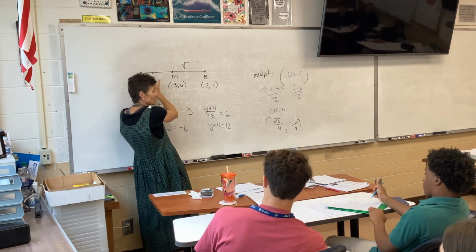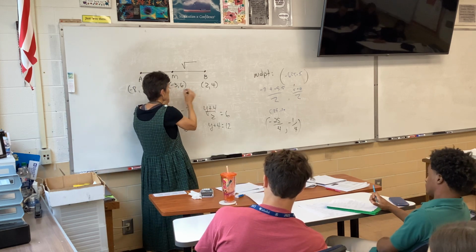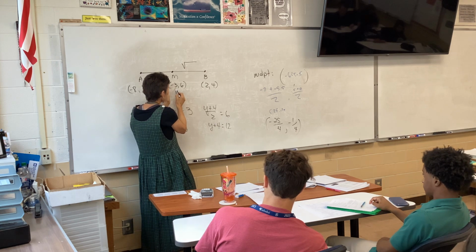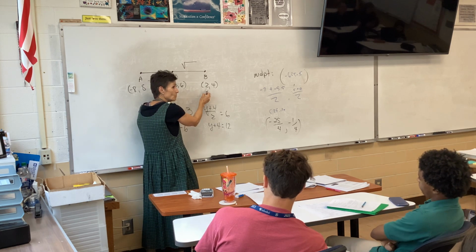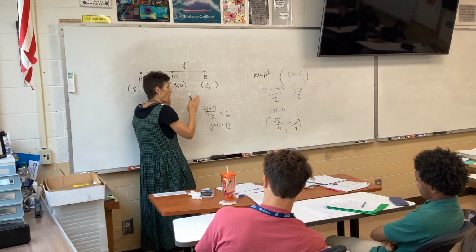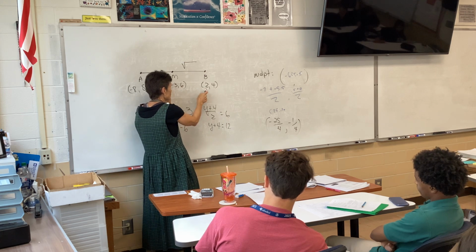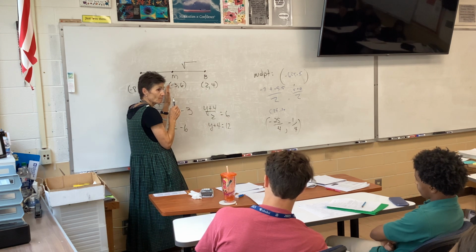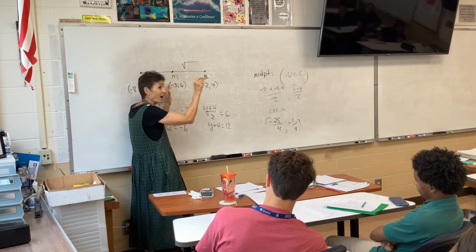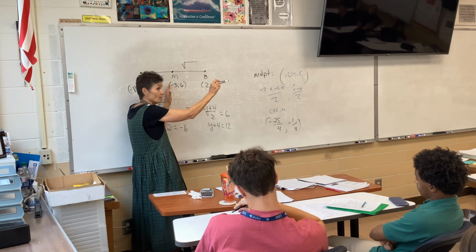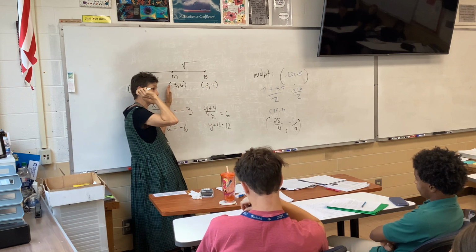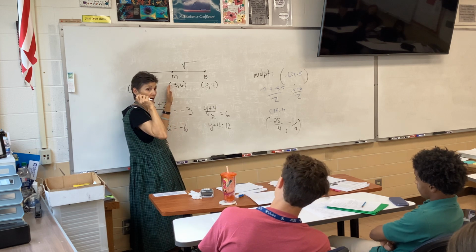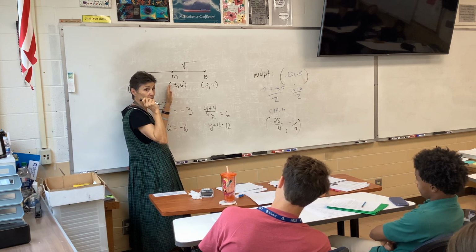I want to show you something else though. Remember, I didn't know what this was, but I have these two. From -3 to 2, pretend you're walking. From -3 to 2 is how many steps? 5 in the positive direction. So if we went backwards, wouldn't we have to go 5 in the negative direction?